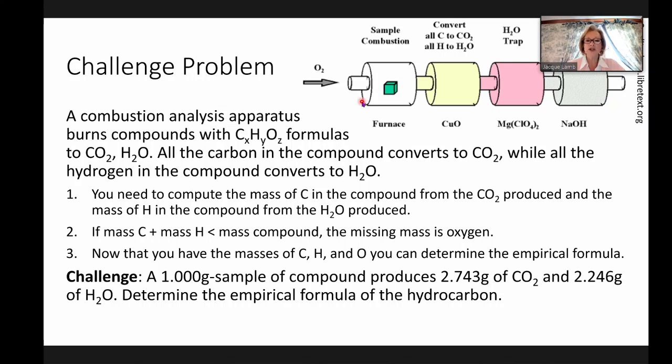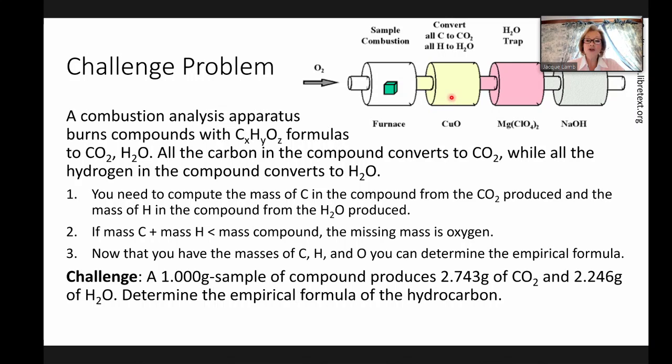Combustion is another way of saying combining with oxygen. So we take our sample and combine it with oxygen, and from the carbon in the compound it produces carbon dioxide, and all of the hydrogen in the compound is converted to water.